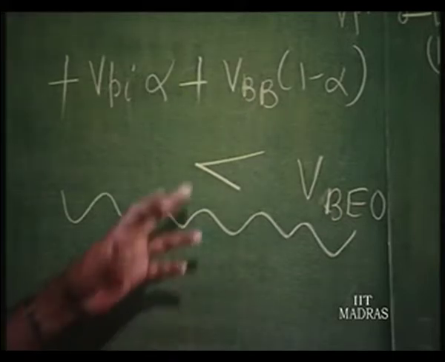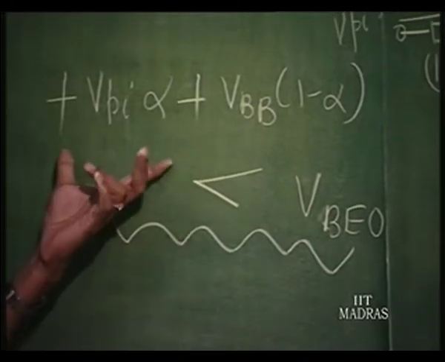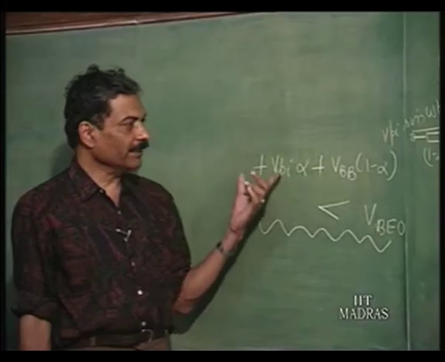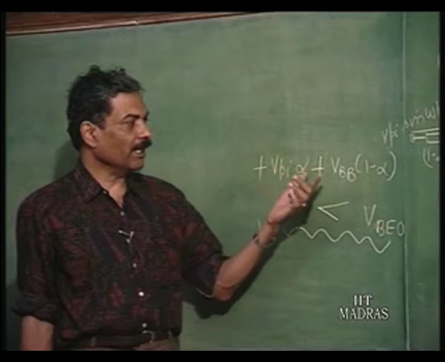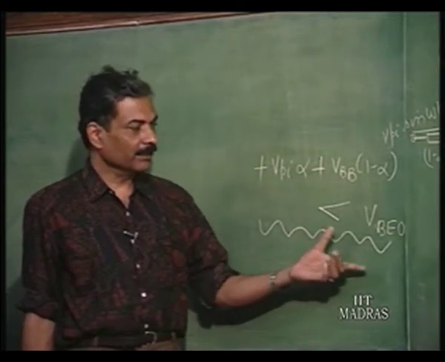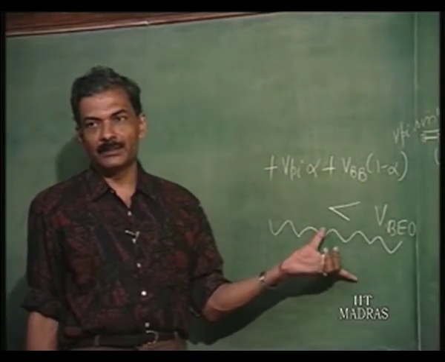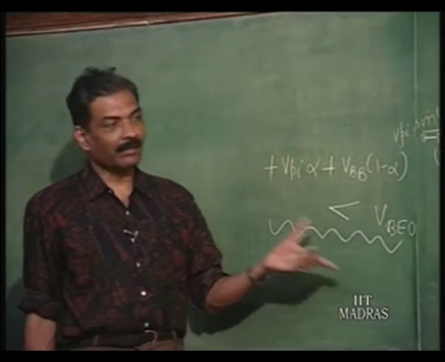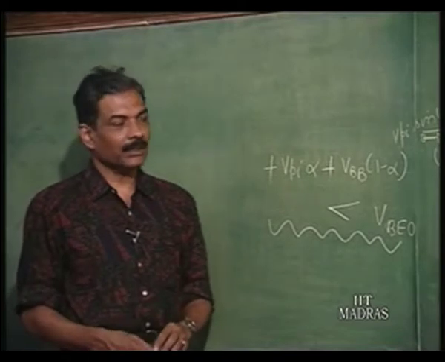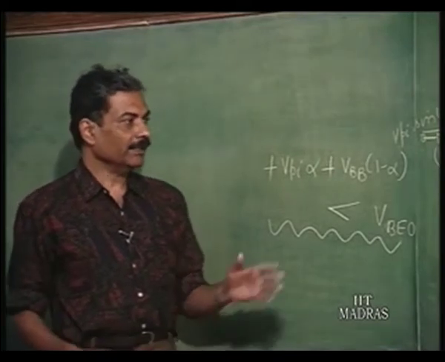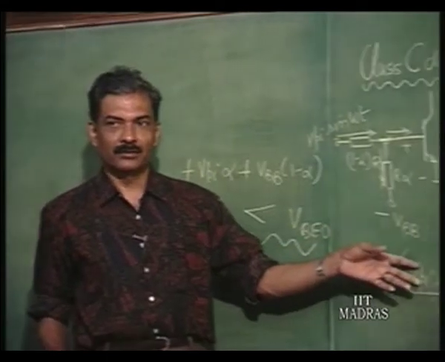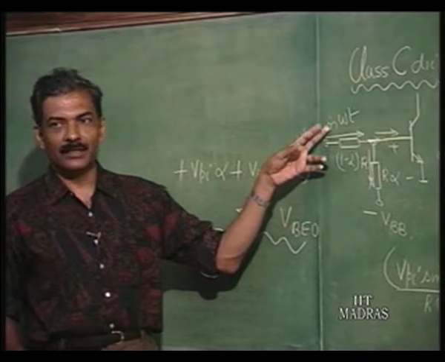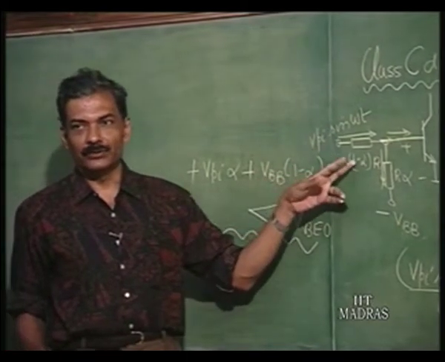That means you cannot now be quite arbitrary about the third variable. You should carefully select VPI, alpha and VBB in such a manner that this requirement is adhered to. Particularly in our earlier problem, example 20, we had just not chosen VBB at all, and therefore this was 2 sin omega t, and this was becoming minus 2 volts.